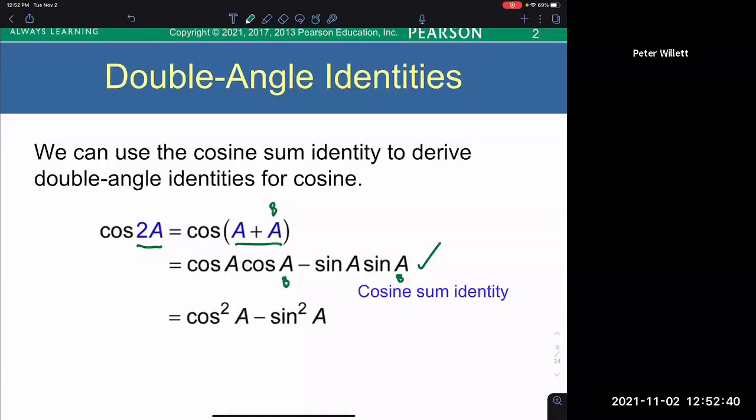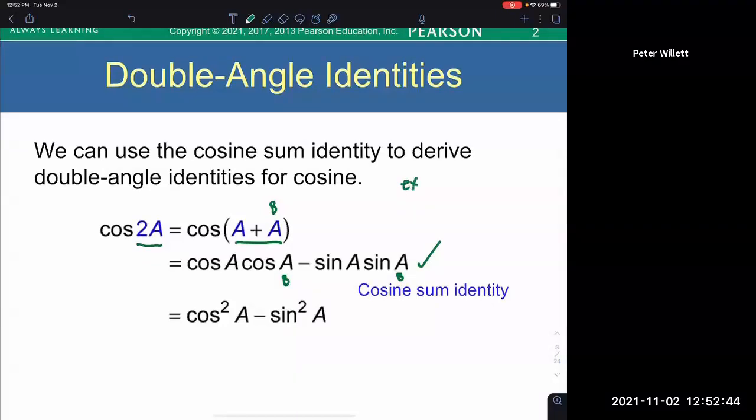So let's take a look at a little made up quick example to see how this would help us. We could even do this with angles where we know the values already. Let's say I had the cosine of 60 degrees. Well, we can recognize that 60 degrees is twice as much as 30 degrees.